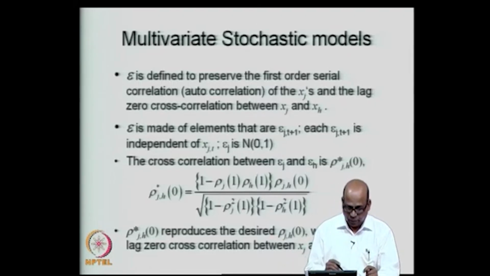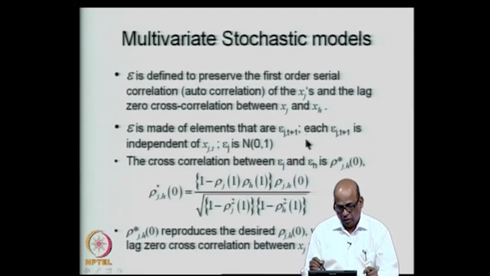Now, we make the epsilon independent of x j t. That means, we have the original standardized data values, and the epsilons that we are defining are independent of the x t's, that is the one condition. The second condition is we will use normal distribution. So, epsilon is also N 0 1, which means it has a 0 mean and standard deviation of 1.